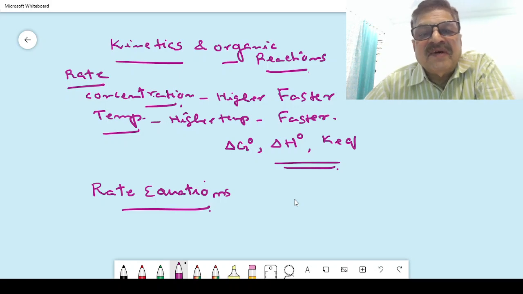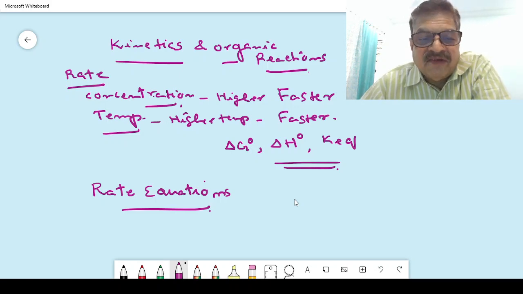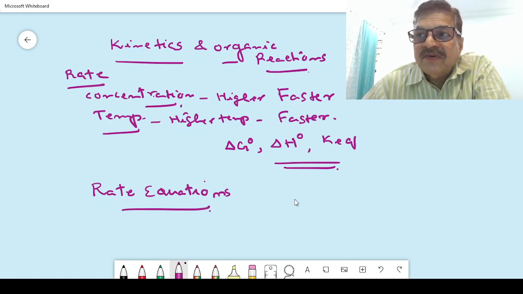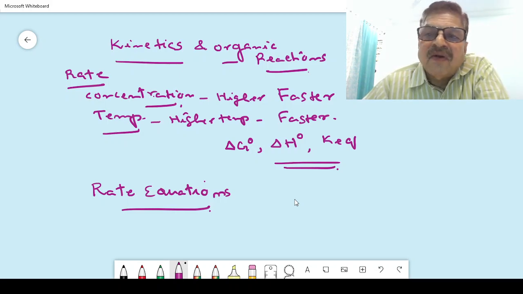That is what is meant by the rate of a chemical reaction. So the rate of a chemical reaction is determined by measuring the decrease in the concentration of the reactants over a period of time, or the increase in the concentration of the products over a time. It is usually expressed as the change in the concentration of the starting materials per unit time.